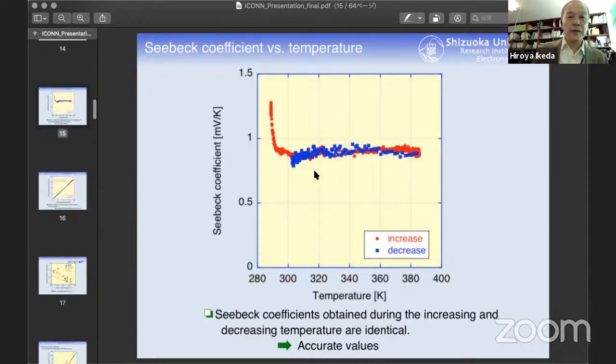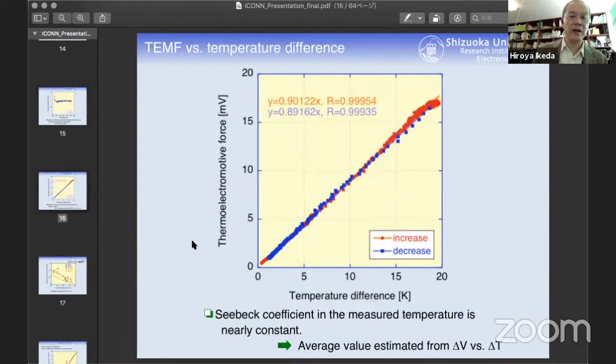In this graph, the Seebeck coefficient is nearly constant in this temperature range. We replot these data of thermal electromotive force as a function of temperature difference, and the graph has a linear relation like this. From the gradient of this graph, we get the average Seebeck coefficient in this temperature range.